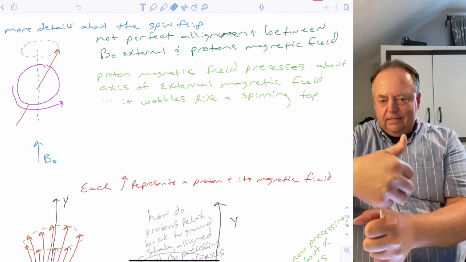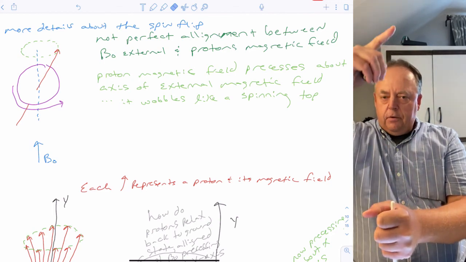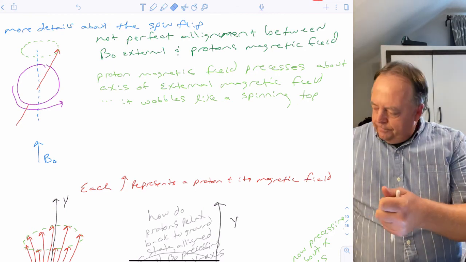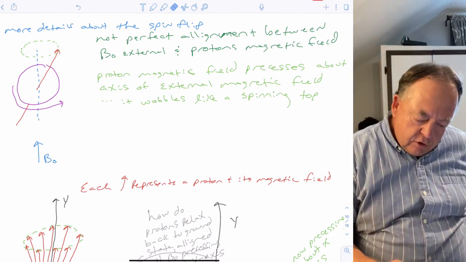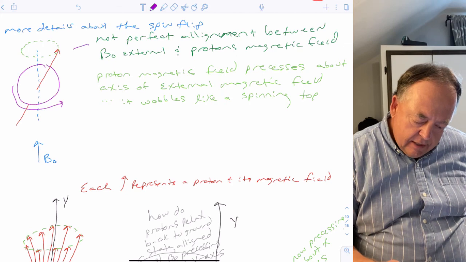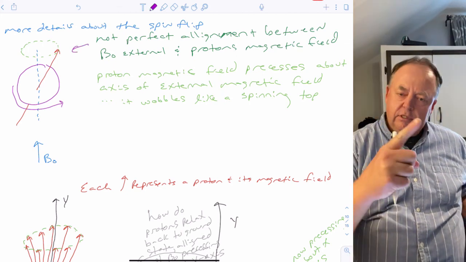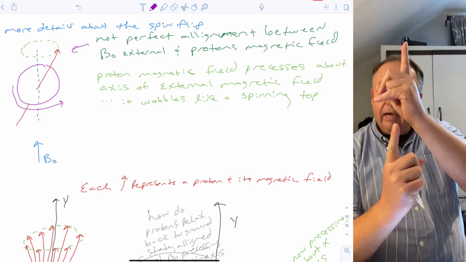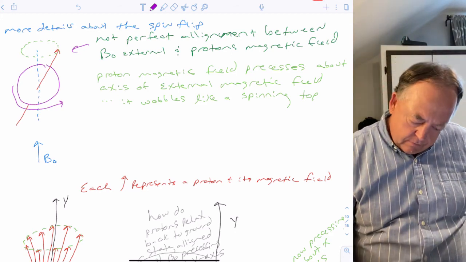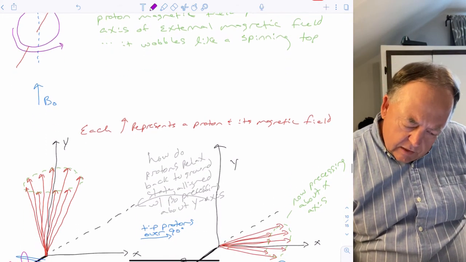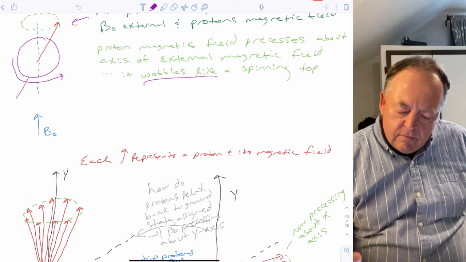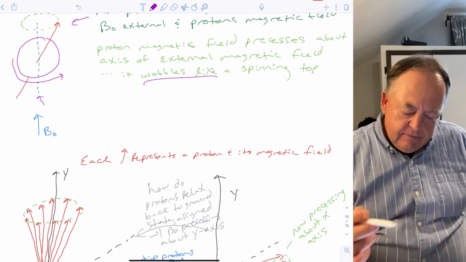That's what this diagram is illustrating: the proton precessing about the magnetic field of the external magnet. So the proton wobbles around this axis, right?